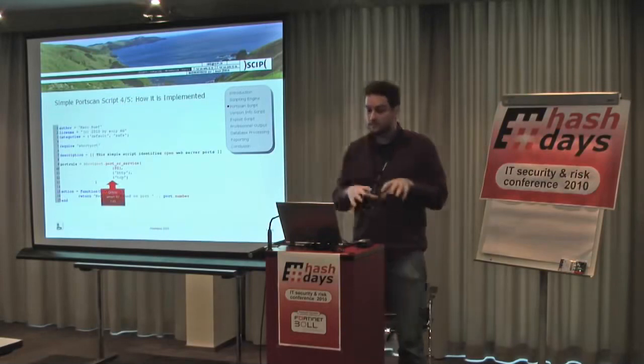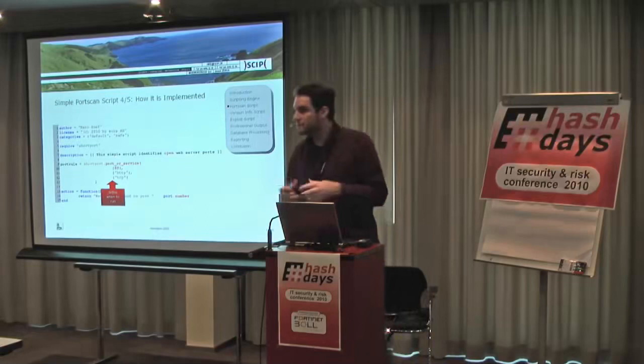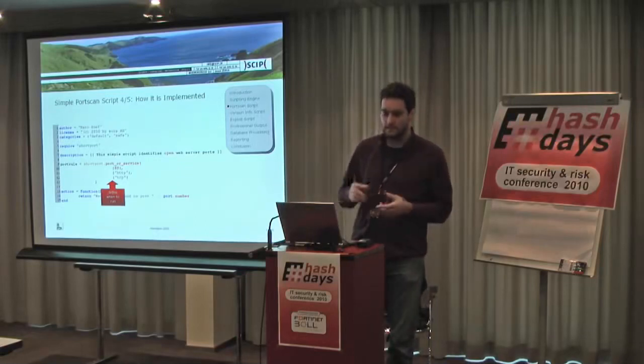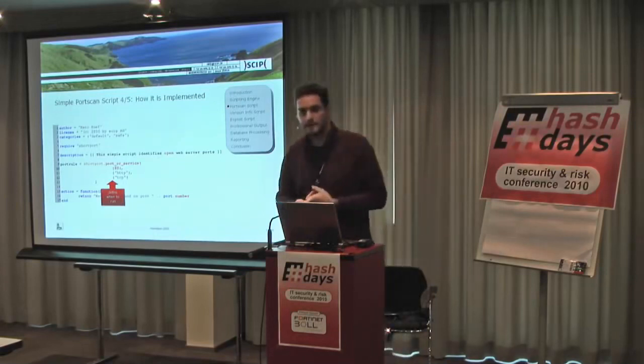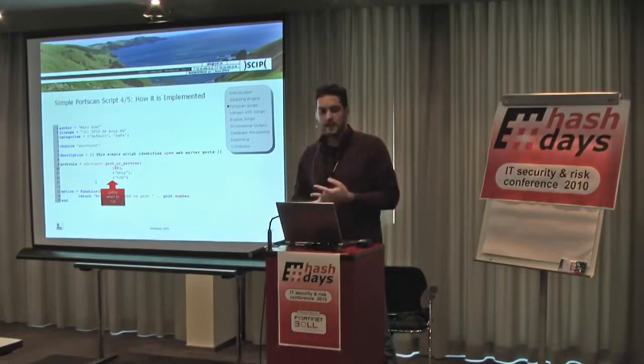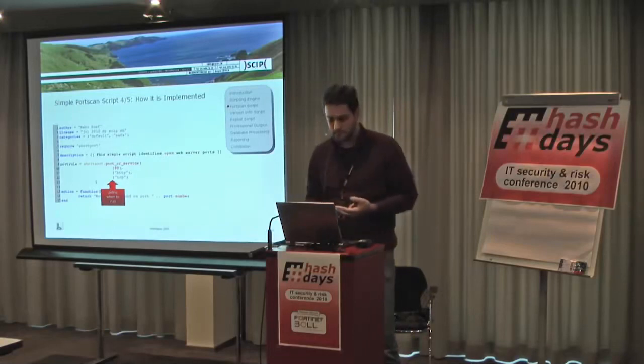First of all, you have to define the port rule, which says when this script has to be executed. In this case, it has to be executed if port 80 is open, if HTTP is detected as the service, and if it's running on TCP.